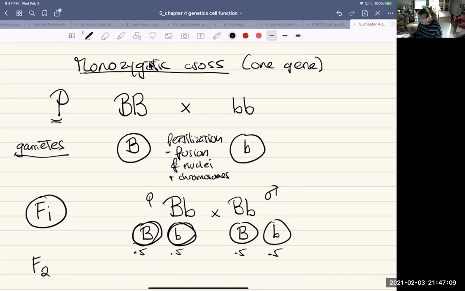Yeah, the genotype is big B, little b. All of them were that. What is the phenotype of the F1 population here? Brown eye color, good, yeah. Excellent.